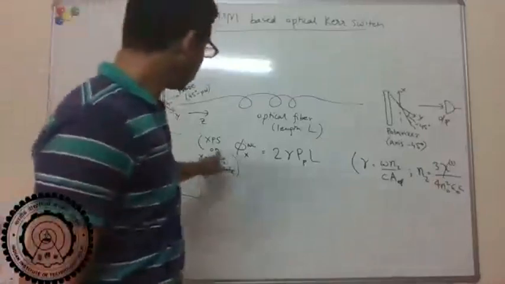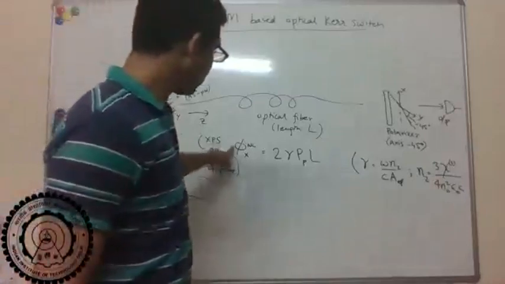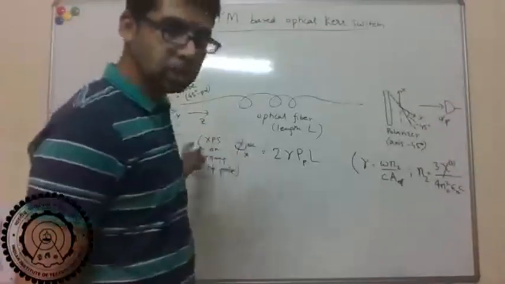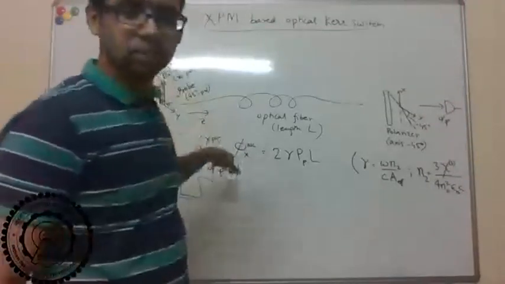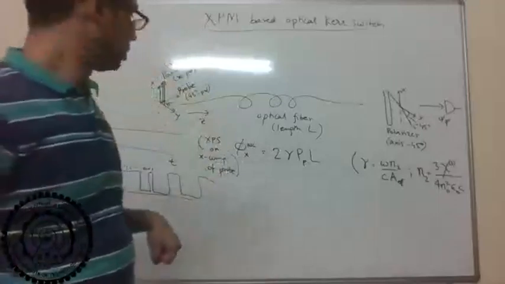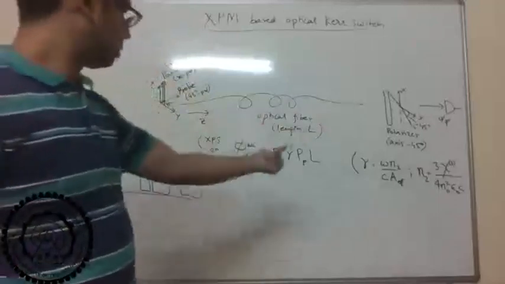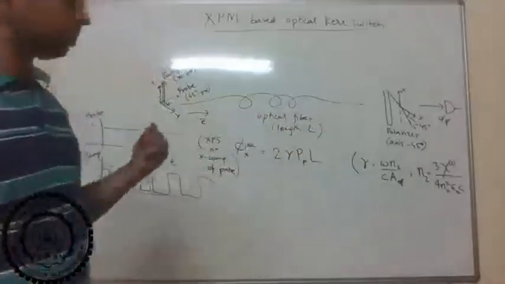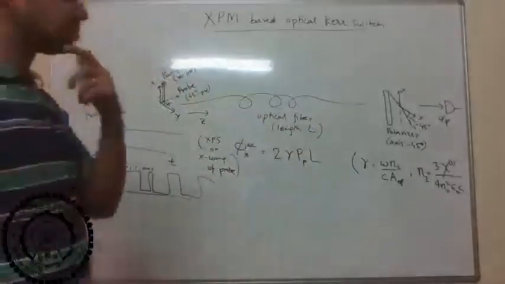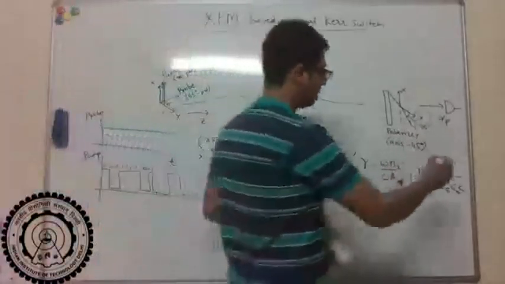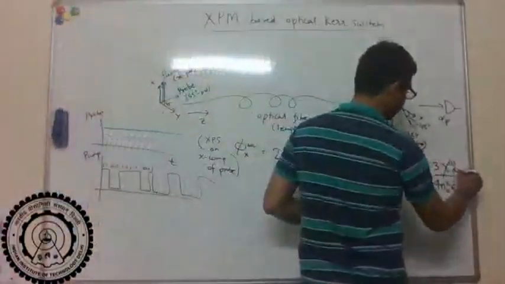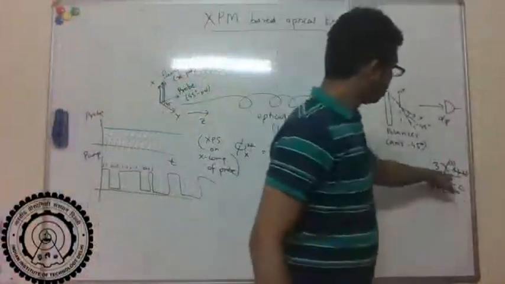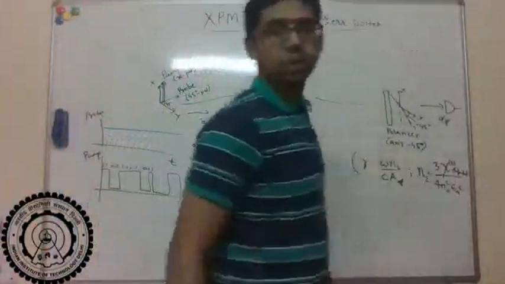No. So this is the cross phase shift acquired by the probe. This is the phase shift on the probe due to the pump. So we are looking at the frequency of the probe, so yes, the frequency will be at the probe frequency. But I'm asking what tensor element will come in.